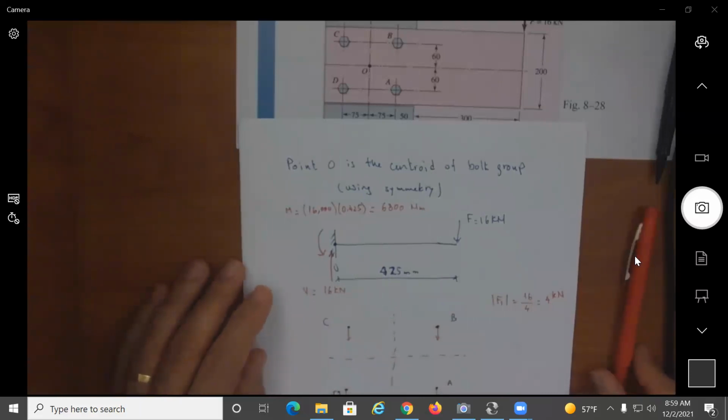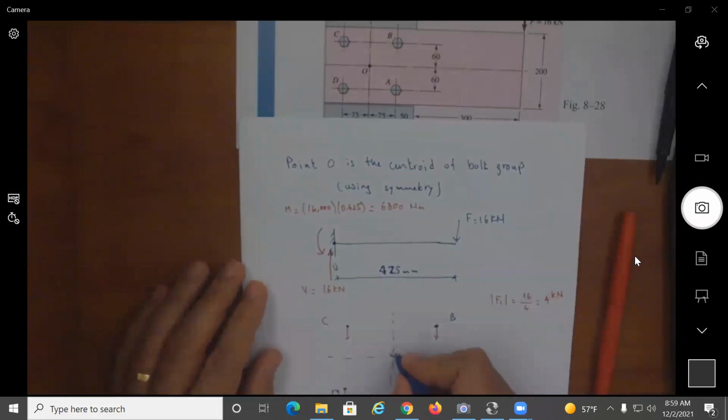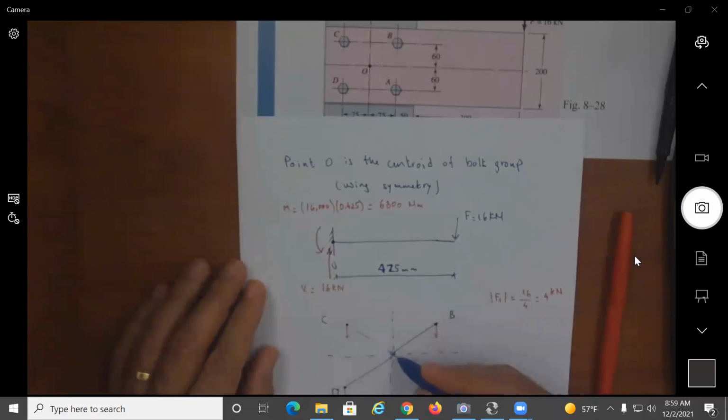In order to find F2, we need to find the distance R. This distance R is from the centroid to each of these fasteners. In this particular array, R happens to be the same for each and every one of them. So this is R, this is R, this is R, and this is R. Supposedly this should be RA, RB, RC, and RD.